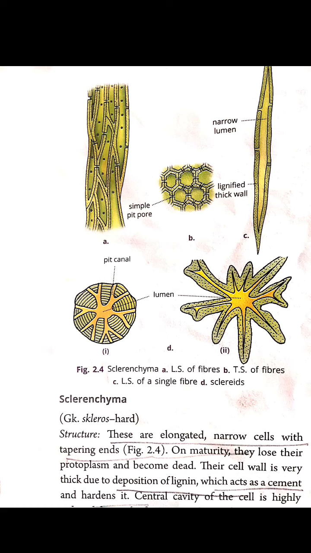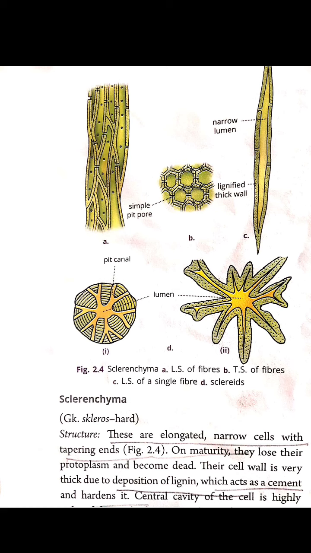The cell wall is very thick due to the deposition of lignin. The word lignin is very important in the case of sclerenchyma. It is often asked in which tissues lignin is found. You will have to tick sclerenchymatous cells, which act as cement and provide hardness.